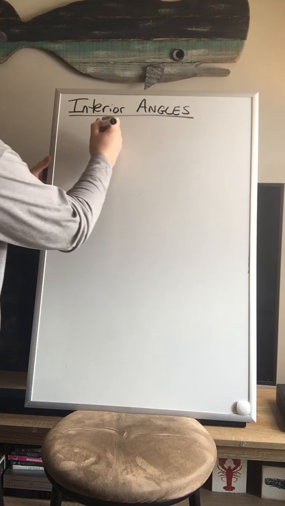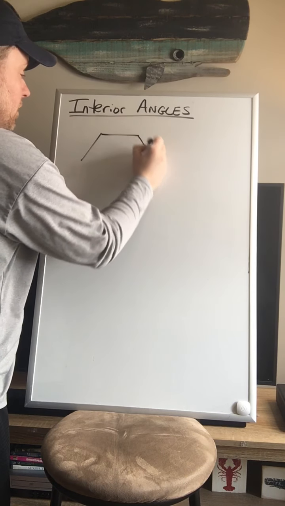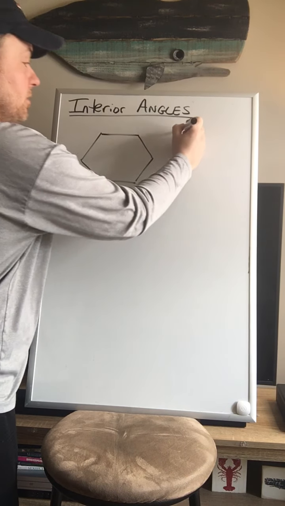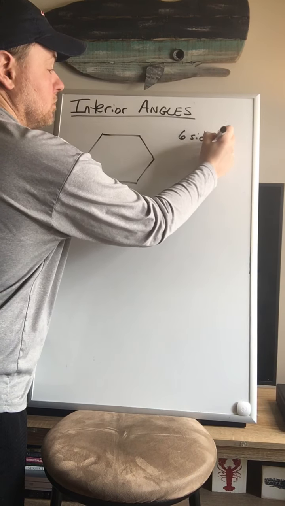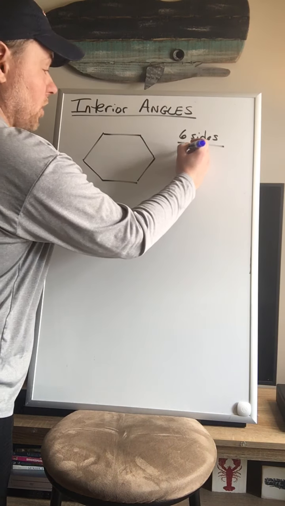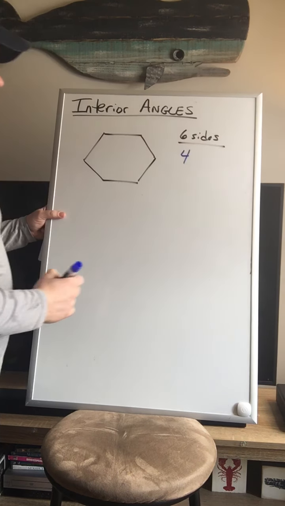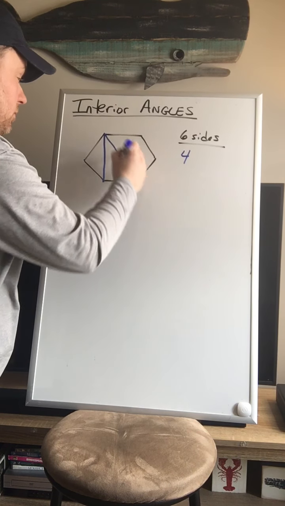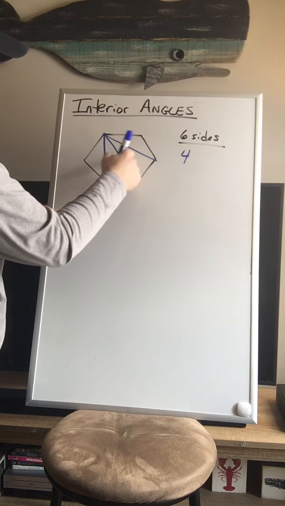So let me make, how about a hexagon, which has got 6 sides. So how many triangles are going to fit into that? Can you guess? There's actually going to be 4 triangles. 1, 2, 3, 4.